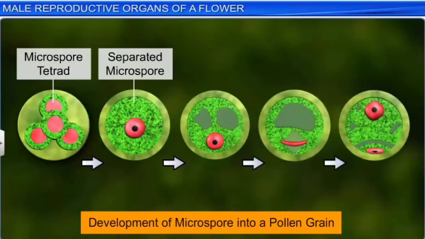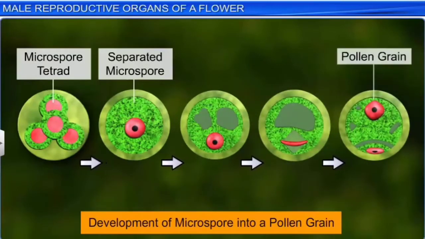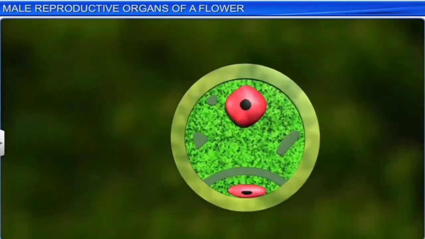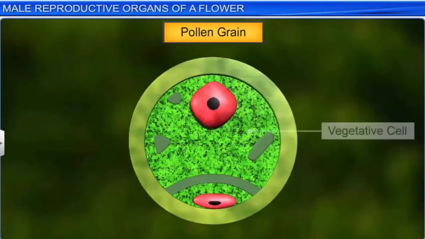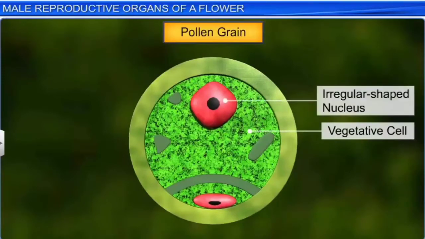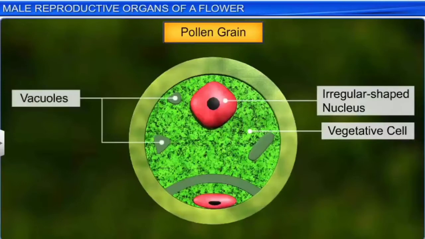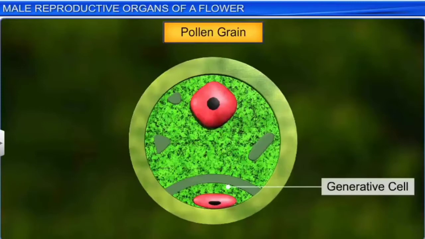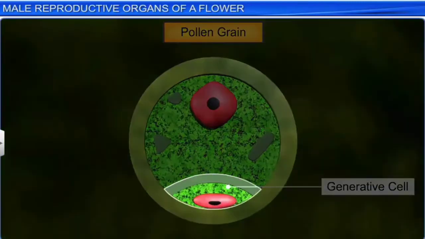Thus, the anther contains thousands of pollen grains which undergo mitosis to form two unequal cells. The larger cell, known as the vegetative cell, is characterized by a large irregular-shaped nucleus, vacuoles, and abundant food reserves. While the smaller cell, known as the generative cell, is distinctly spindle-shaped and possesses dense cytoplasm.